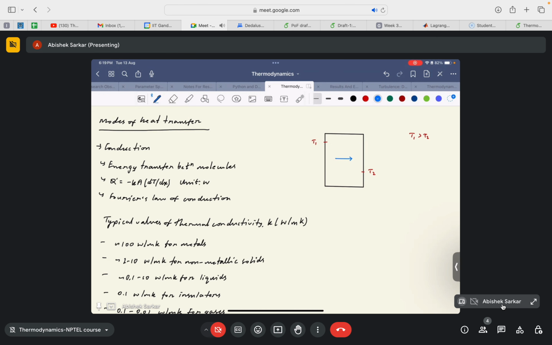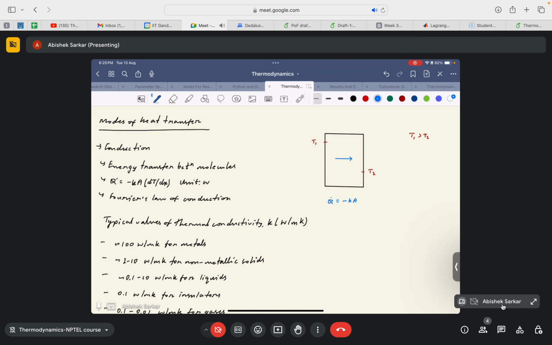From Fourier's law of heat conduction, the net rate of heat transfer Q dot is given by minus kA delta T by delta x. Here k is the thermal conductivity, and A is the area of the slab, the area through which we want to measure the net heat transfer. It will be the planar area of this brick.